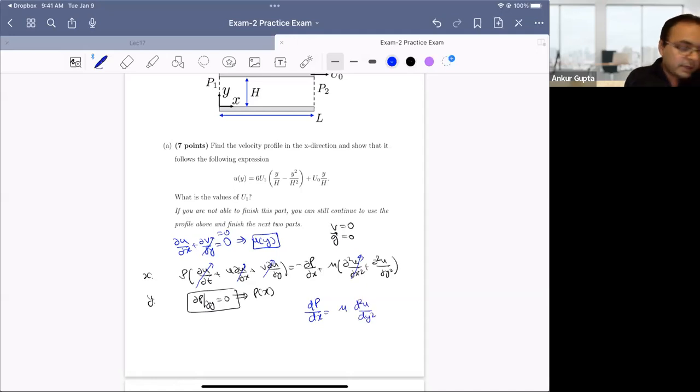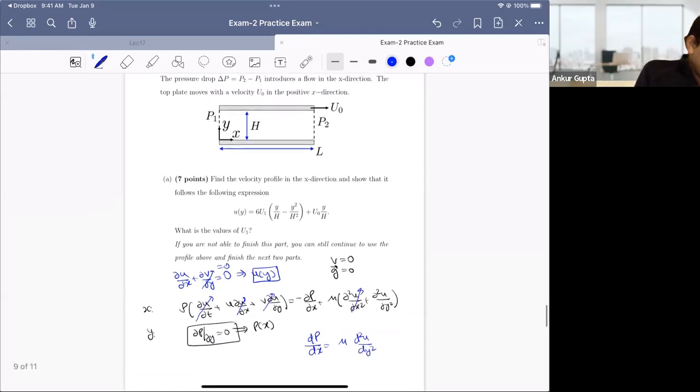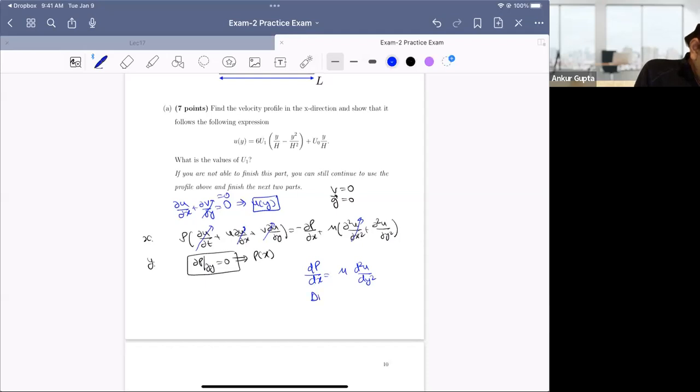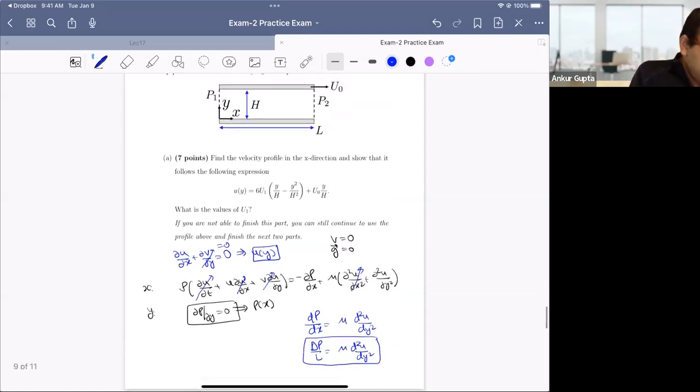Okay. And because the left hand side is only a function of x and the right hand side is only a function of y, I can essentially call this delta p by L equals mu d square u by dy square. All right. So now from the boundary conditions, this is very important.